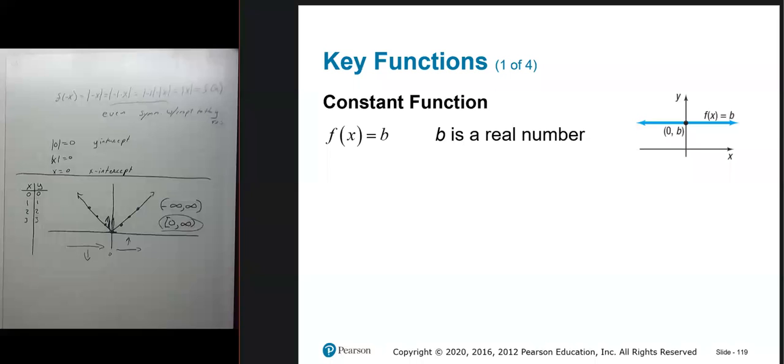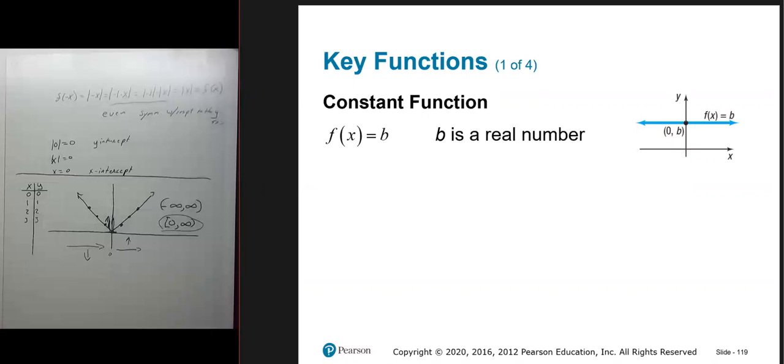All right, so here are some of the key functions. We have the constant function. This is just a horizontal line. It's an even function. You can see that it's even because it's symmetric with respect to the y-axis. All real numbers is the domain, and its range is a single number. The y values neither increase nor decrease, hence it's a constant.